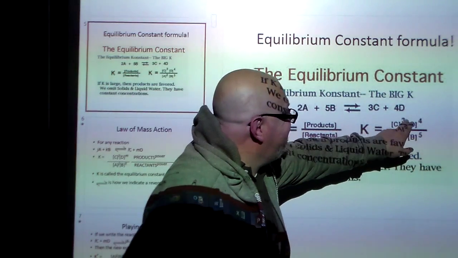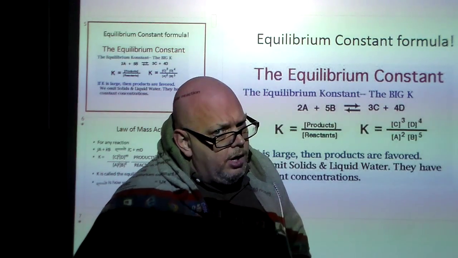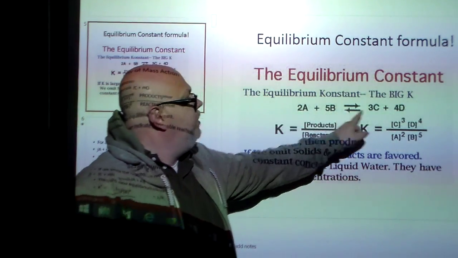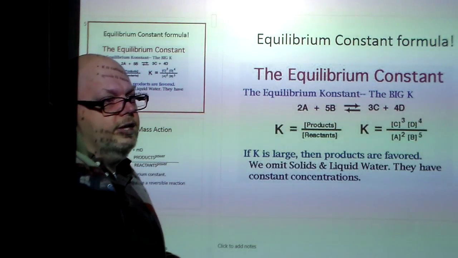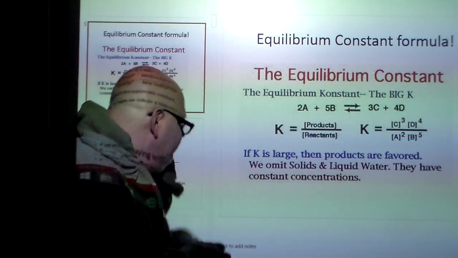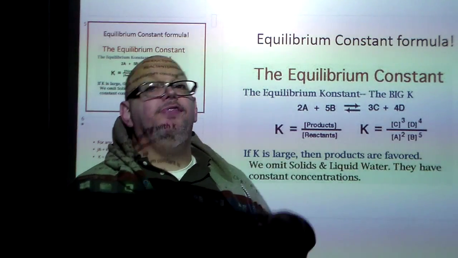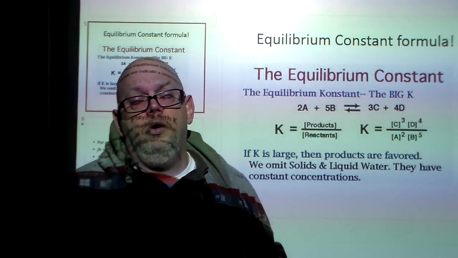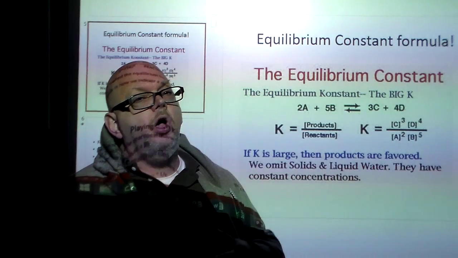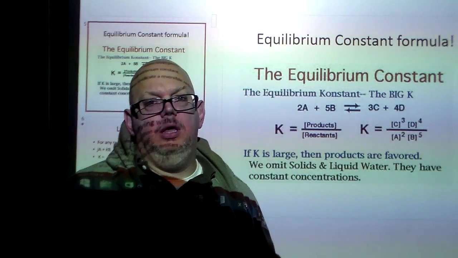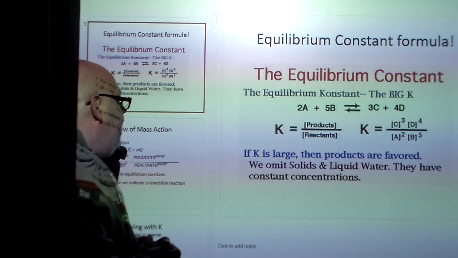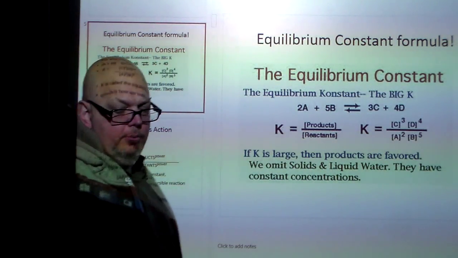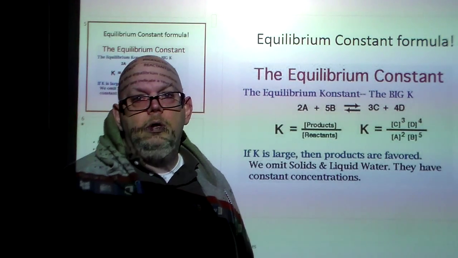We do raise them to whatever power is based off of the coefficient in the original equation. We can do this for aqueous solutions and for gas solutions. If it is a solid, we do not count the solid in this. We just don't. And with that, I am going to stop here.